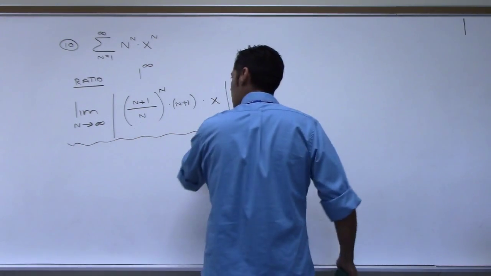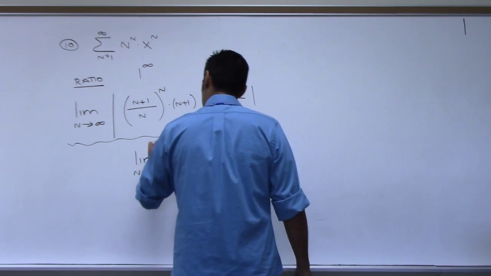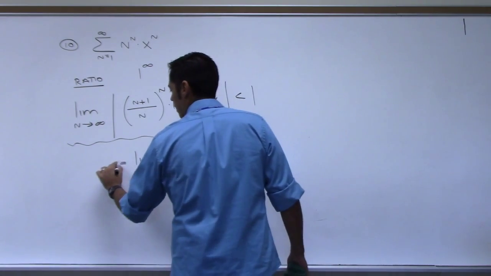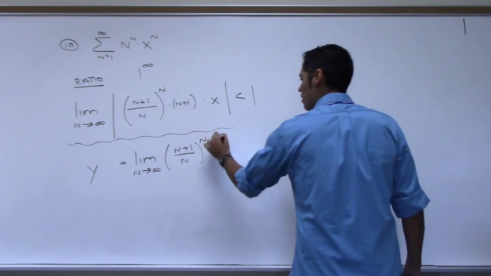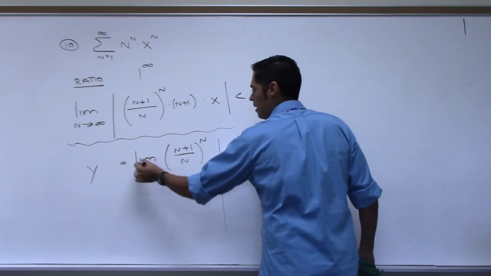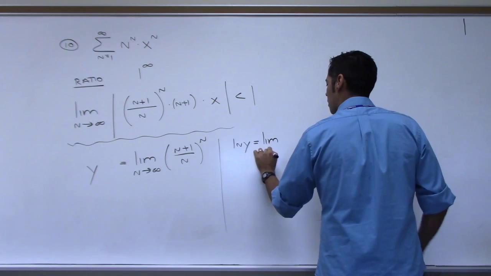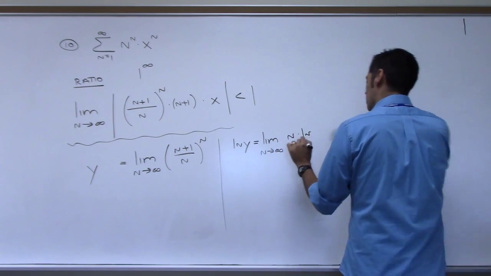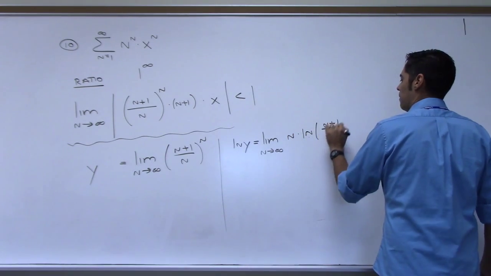So separate work. What is the limit as n goes to infinity of (n+1)/n to the n? And this is where I call this y, and I take natural log on both sides. So natural log of y equals, when I do the natural log here, it passes into the limit, and the n comes down. So limit as n goes to infinity of n times natural log of (n+1)/n.